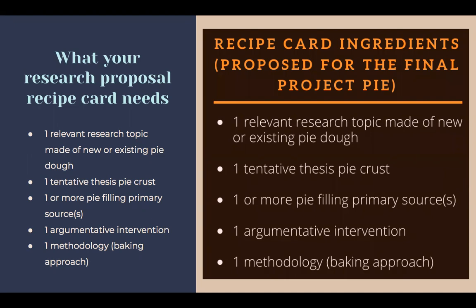And you'll need one methodology or baking approach. And methodology is going to mean the how. How are you going to achieve what it is that you are setting out to do? So if you're deciding that you're going to talk about personal narrative and Ear Hustle, let's say, when it comes to your methodology, you'll want to clarify: are you going to do some textual analysis or close reading of the dialogue exchanges in Ear Hustle?